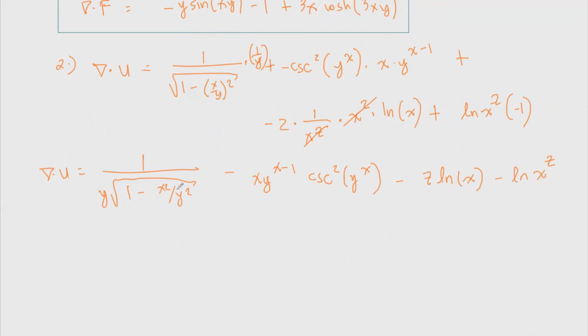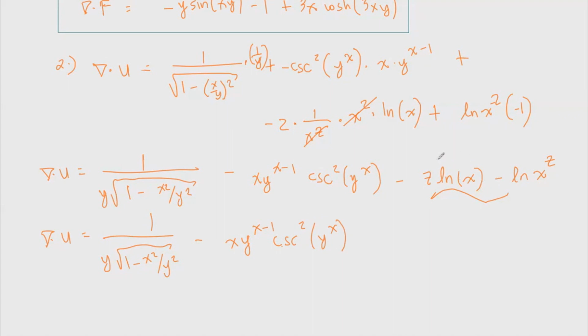And then you can also simplify this further by adding these two. So we get 1 over y squared of 1 minus x squared over y squared, and then minus x y raised to x minus 1, and then cosecant squared of y to the x. And then we add this.